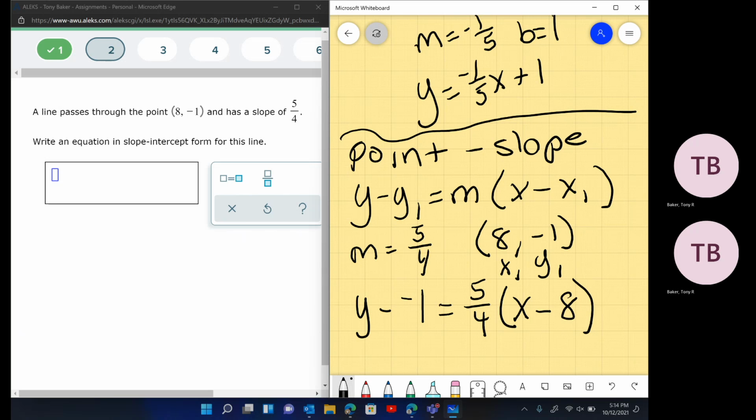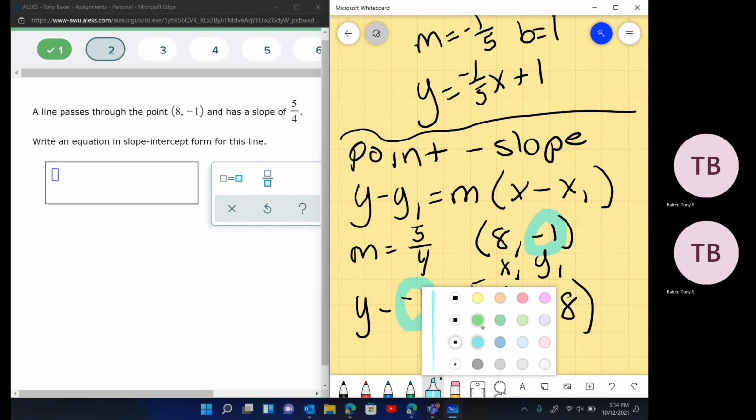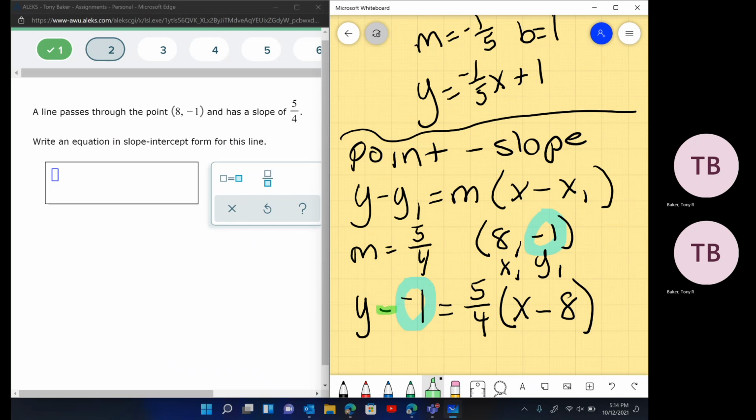Notice that I have the minus sign between the y and the -1, and I have the negative sign on the 1. That negative sign right there is that negative sign right there. So don't forget your other negative sign because you'll get things wrong if you do forget that.